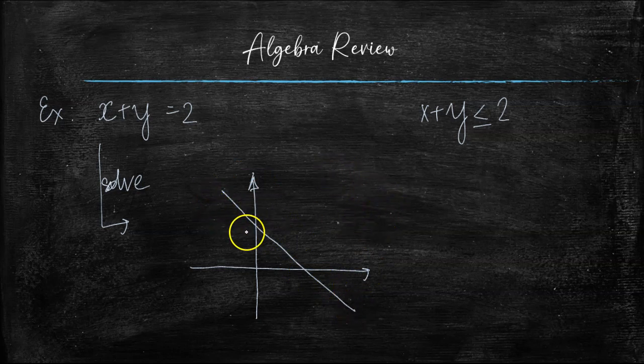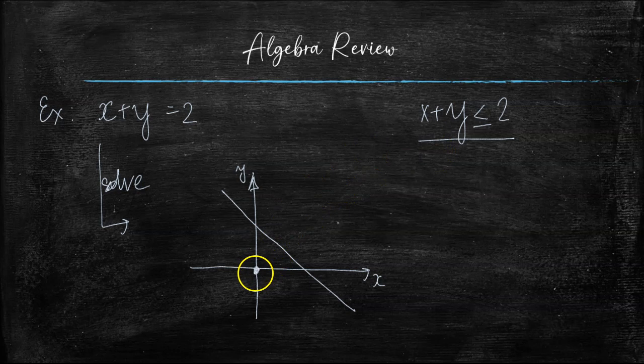And the solution will be this line. And then do you see how this line divides the plane into two regions? Here's one region, and here's another region. Now, just like before, each of these regions is either entirely a part of the solution set of this inequality or entirely excluded from it. So how do I know which side of this region is a part and which is not?